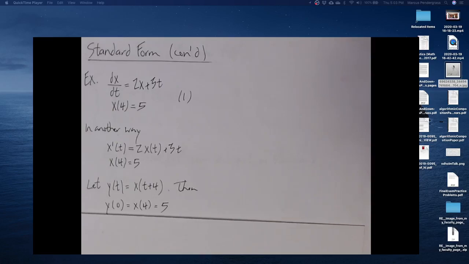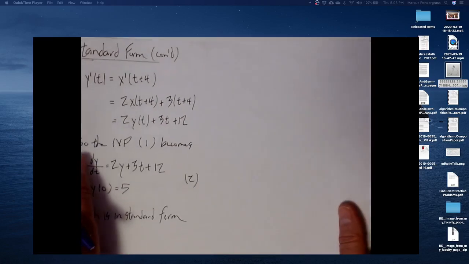So if I could write an initial value problem down for y, that would be equivalent to the original initial value problem. After all, in terms of just the functions, y is simply the function x shifted 4 units to the left. But what initial value problem would that correspond to?